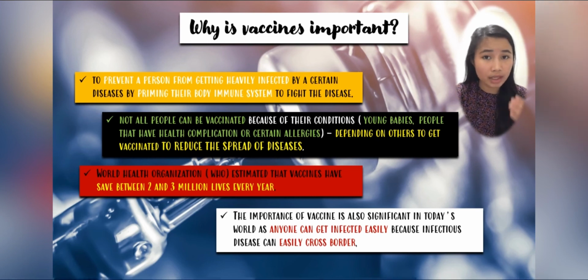The WHO estimates that vaccines have saved between 2 and 3 million lives every year. Thus, the importance of vaccines is significant in today's world, because infectious diseases can easily cross borders, and therefore anyone can easily get infected.